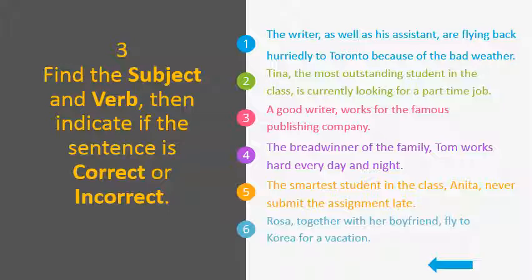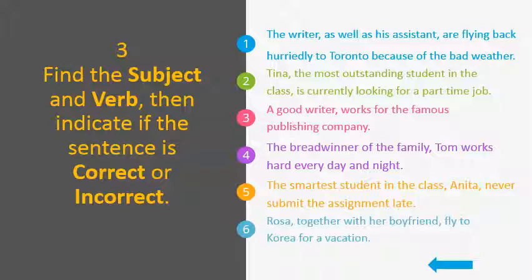Remember, the verb depends on the subject. The verb that we have here is are. Is it correct if the verb is are? No, because the subject is the writer. It is singular. The verb must be is. Conclusion, the sentence is incorrect.